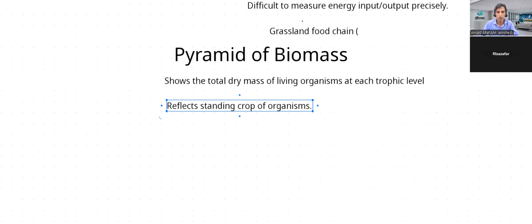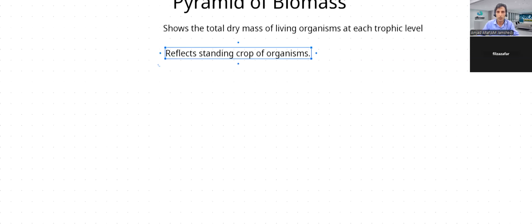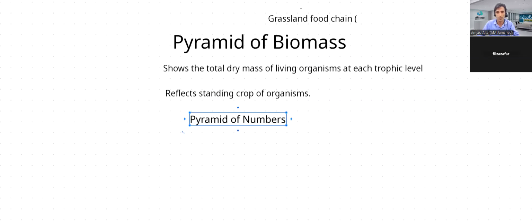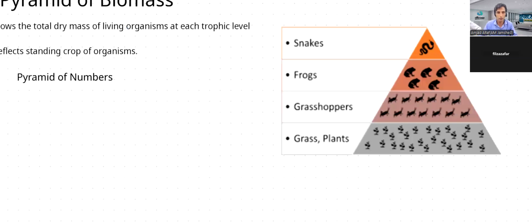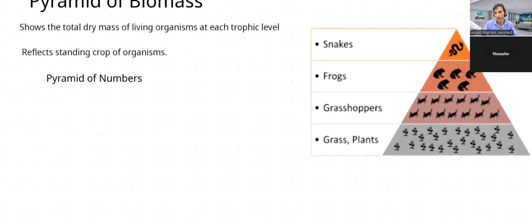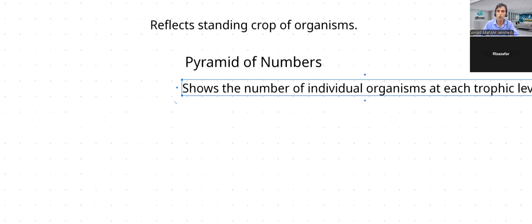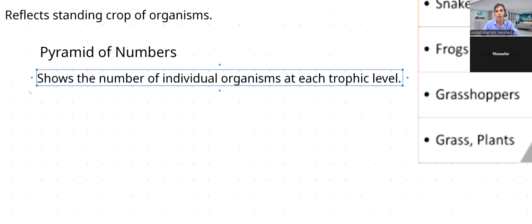I can just paste this diagram in front of the pyramids of number so it would be easy for you to understand. You can see the pyramid of numbers shows the number of individuals at each trophic level. Trophic level is just each stage, like this.